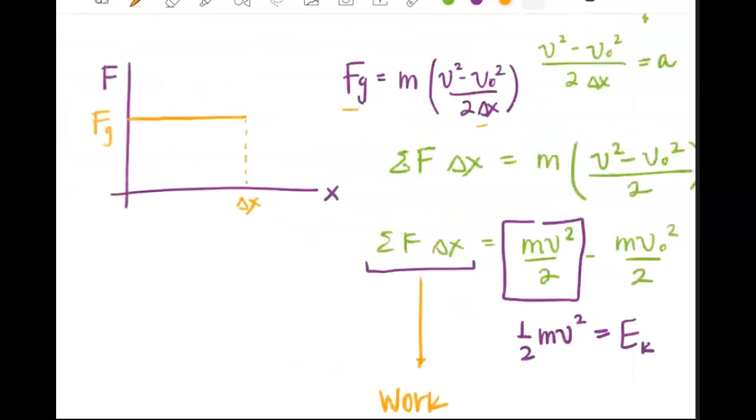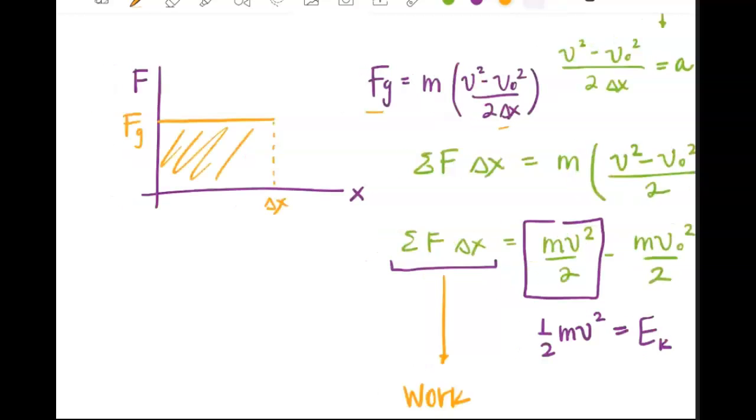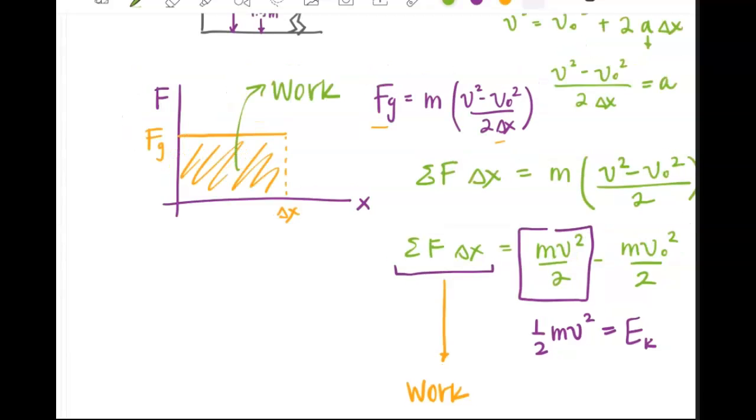So if I go back over here and look at my graph, then this area under the curve is the work. That's the work done by this net force that's acting on this object, okay?